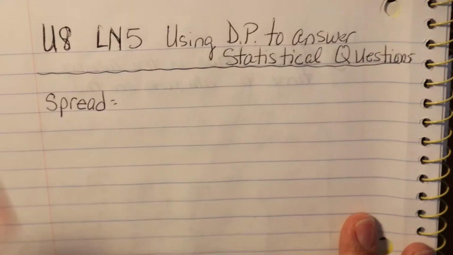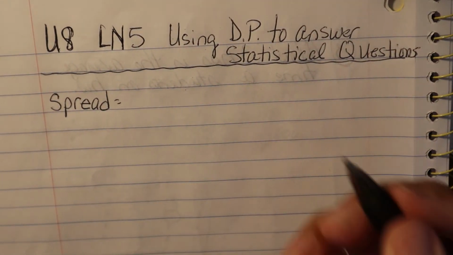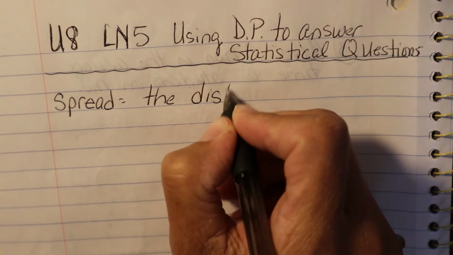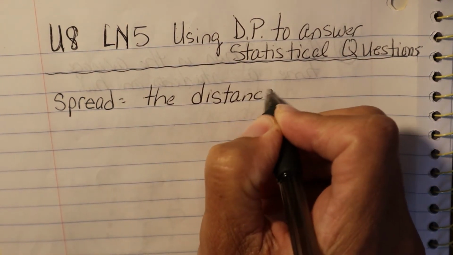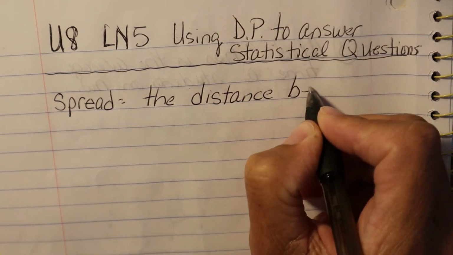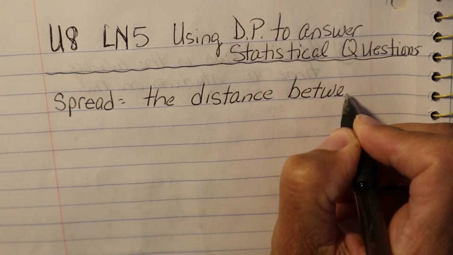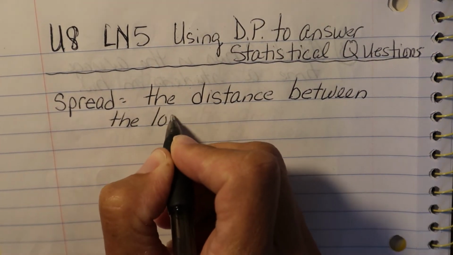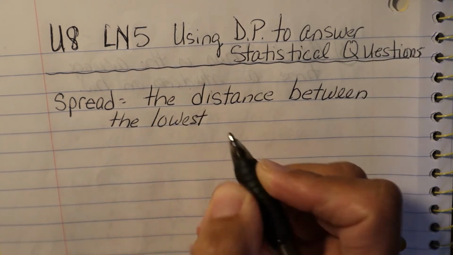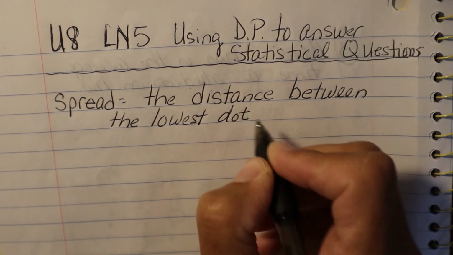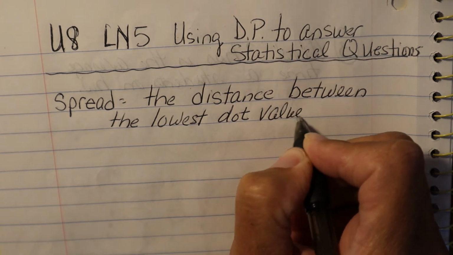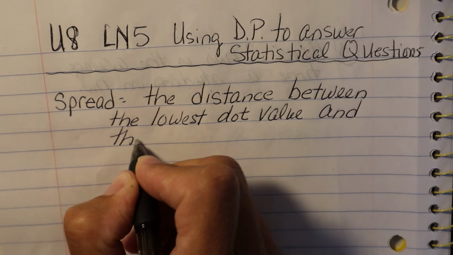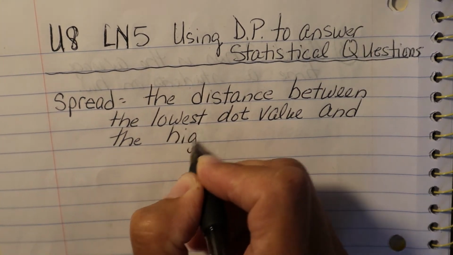And spread means the distance between the lowest dot value and the highest dot value.